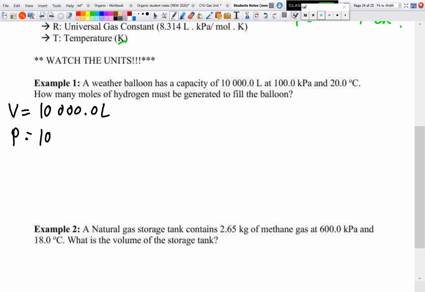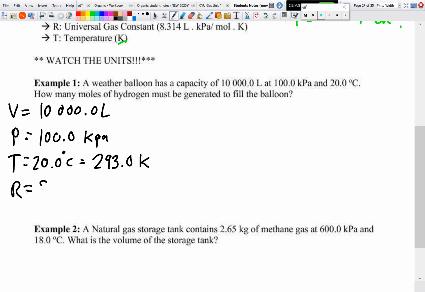Pressure is 100.0 kilopascals. Temperature is 20.0 degrees Celsius. But remember we had to convert that into kelvins by adding 273, so we get 293.0 Kelvin.